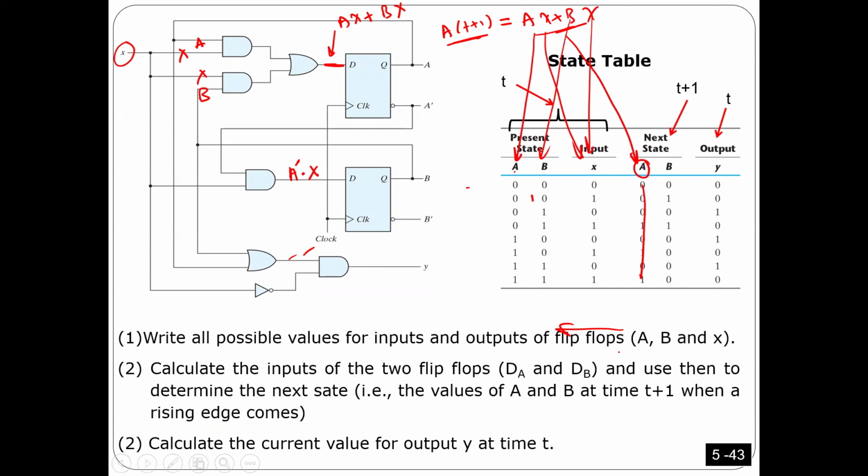Same thing, I need another equation for the output Y. So you can see here the output Y, this one is coming from X, so this one should be X, right? This one coming from B, this one is B, and this input is coming from A. So here A or B. Okay, so Y actually should equal X prime and A or B. That's it.